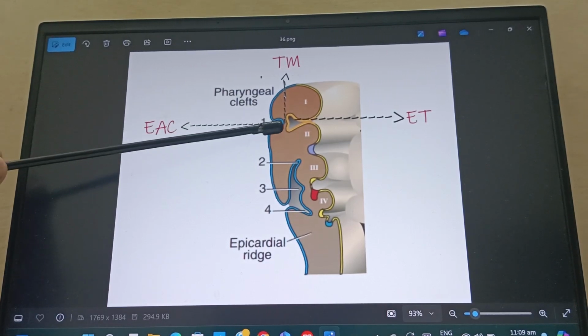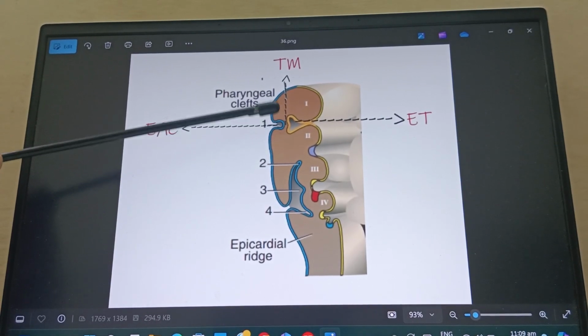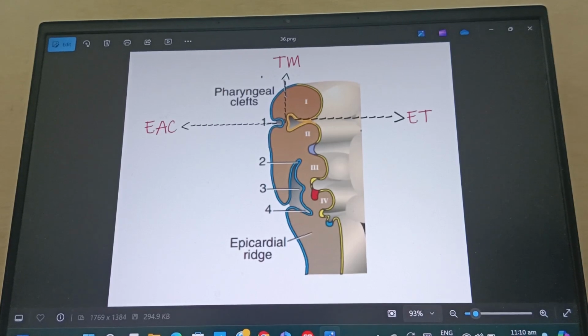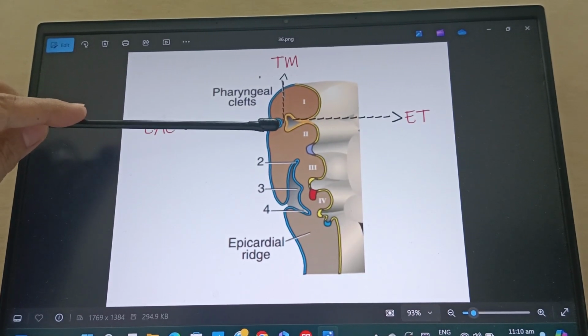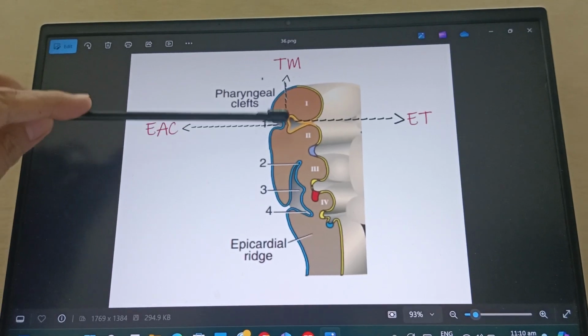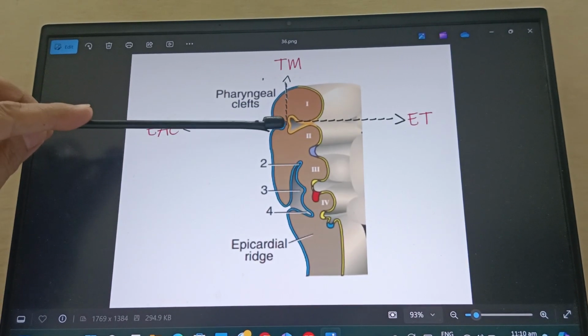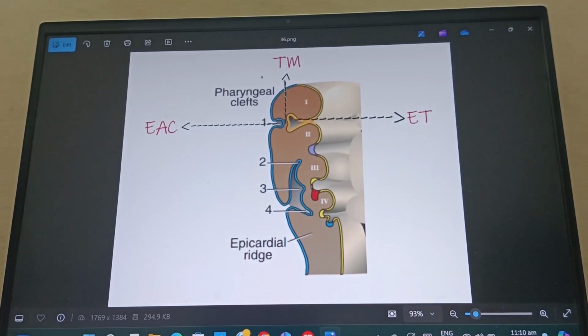The base of it is going to give rise to the meatal plug, which later on will be dislodged.